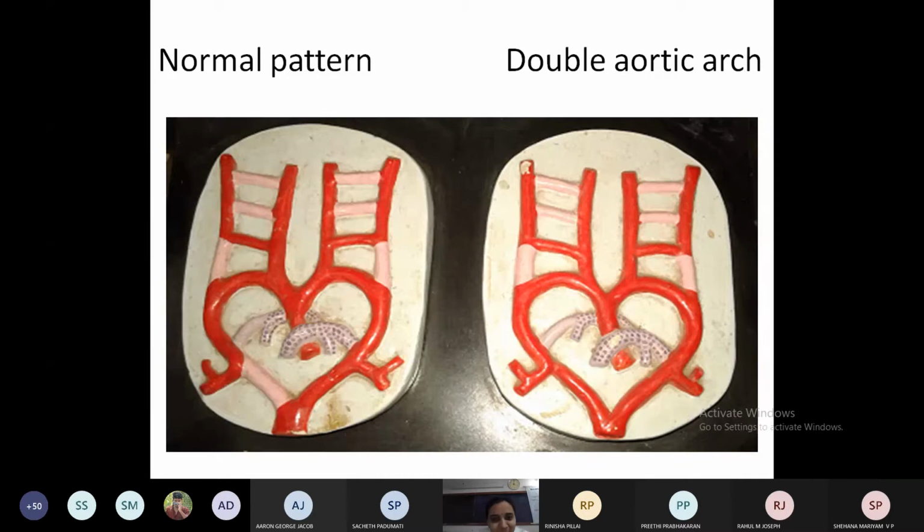External carotid inside, internal carotid outside. Is it correct, or how do you feel?